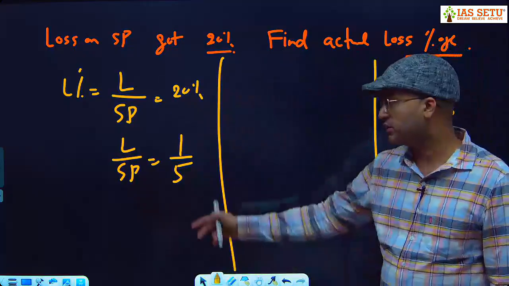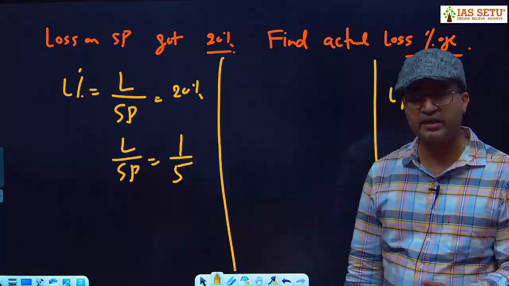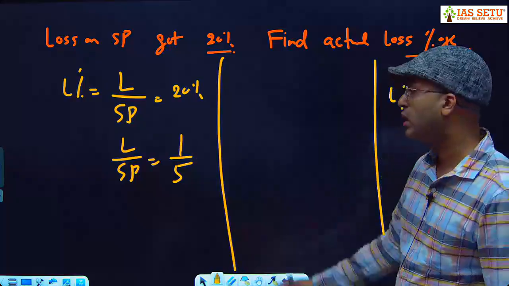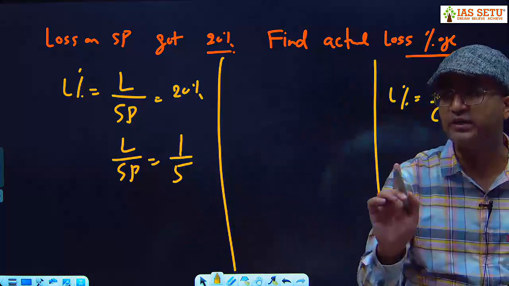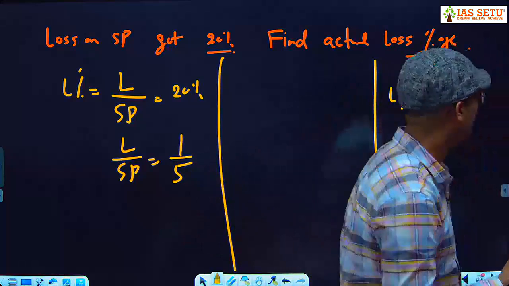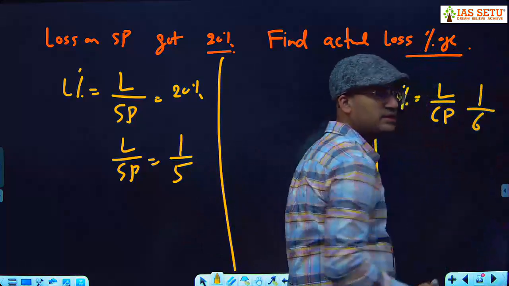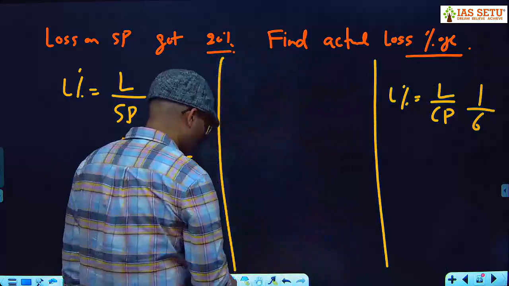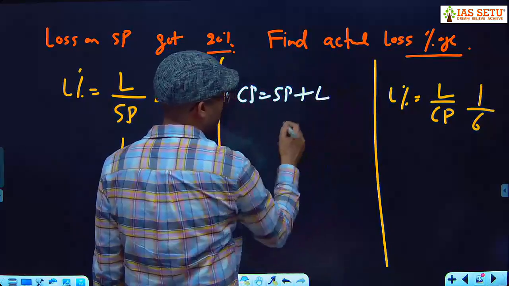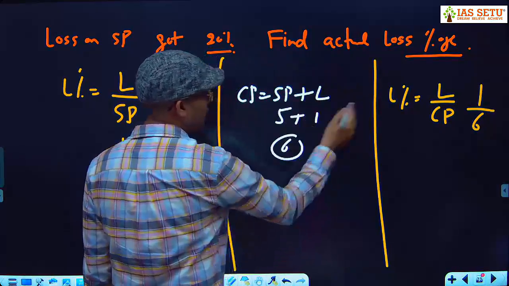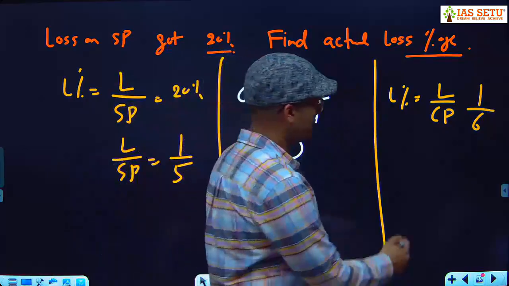You had to find L upon CP, but found L upon SP. But we can rectify with conceptual clarity. If I sold this marker in 5 rupees, I suffer a loss of 1 rupee. It means my investment is 6 rupees. So your correct answer is 1/6, 16.66%. Or cost price is selling price plus loss, 5 plus 1, 6. What is 1/6? 16.66%.